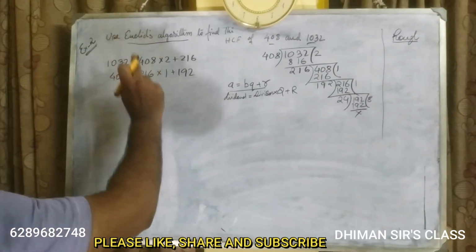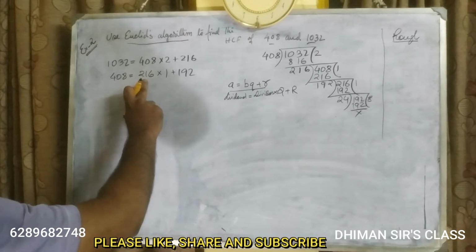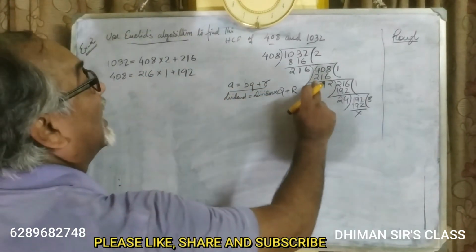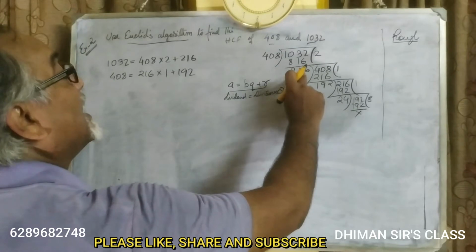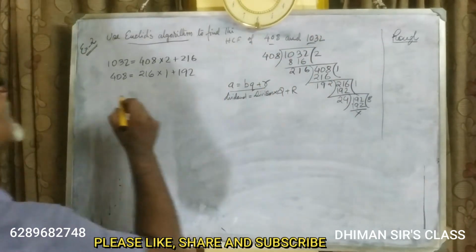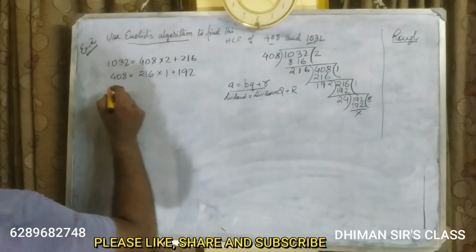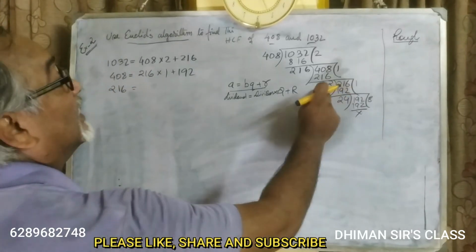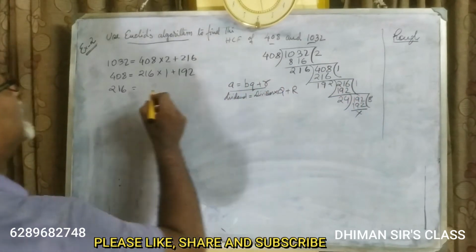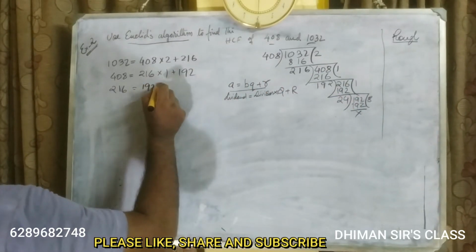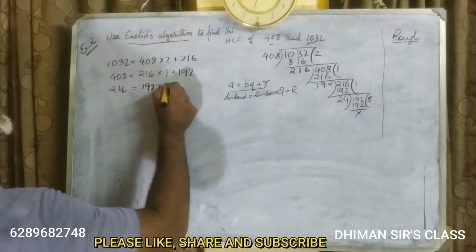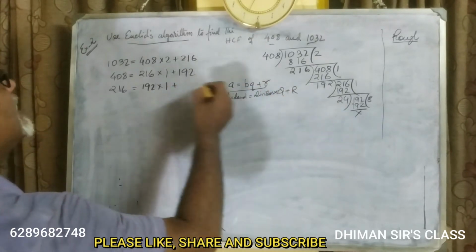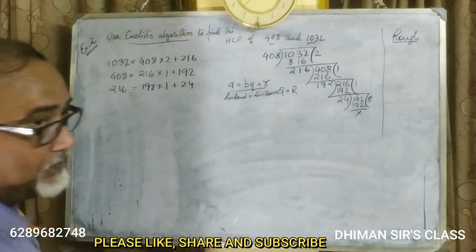Next, this 216, which was the previous divisor, becomes the dividend. 216 is equal to 192 into quotient 1 plus remainder 24.